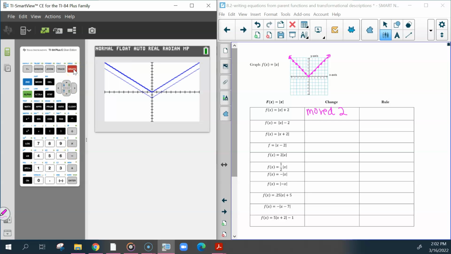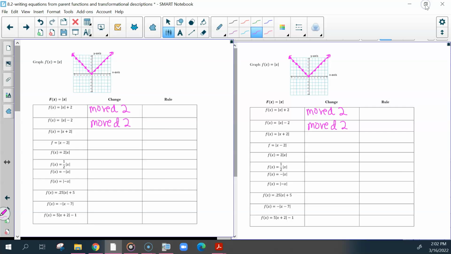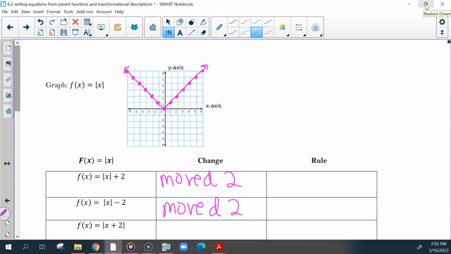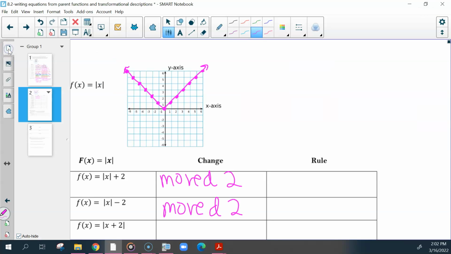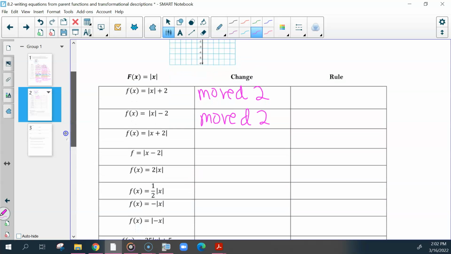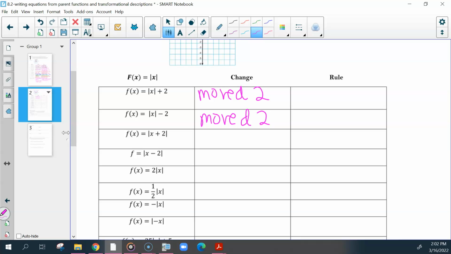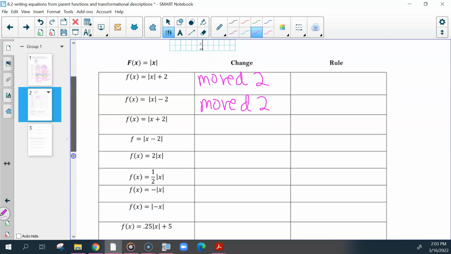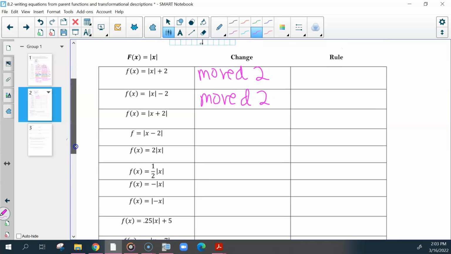Now let's move down to the next one, and without really looking at these, I could finish this. Again, you could still go back and put this in your calculator. You have that at home. You can use Desmos to see that change also. So I'm going to write all of the changes.